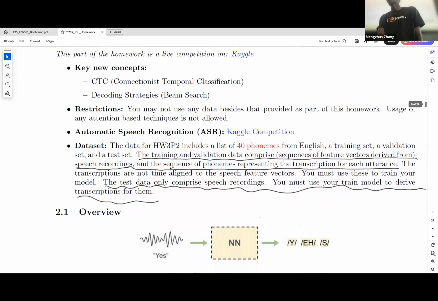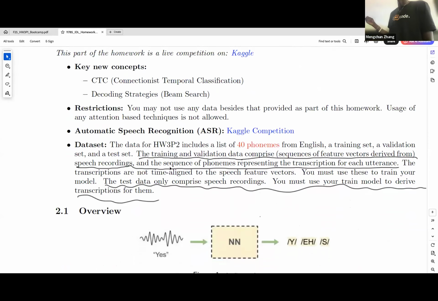So the dataset, like I told you, homework 1 P2 and homework 3 P2 is kind of similar. What you were doing in homework 1 P2, if you don't remember, we were giving you frames and phonemes, okay? And in each frame, we had a label for it. If you go back and study your data, you can see that each frame had a label. So if we have like 100 frames, and what do I mean by frames?